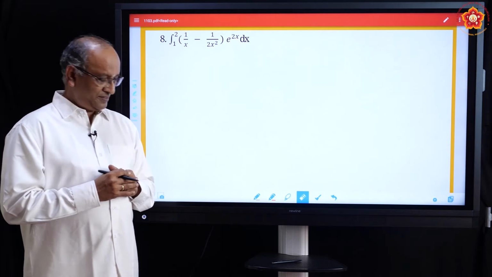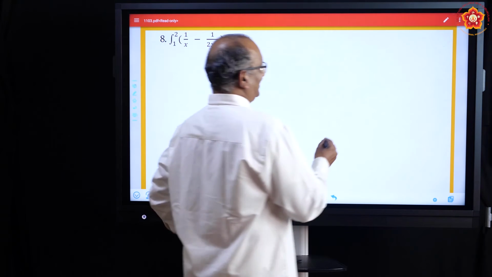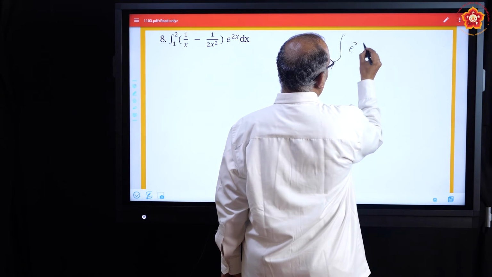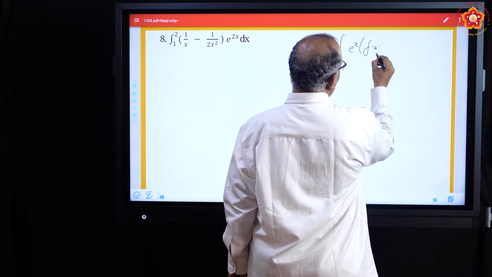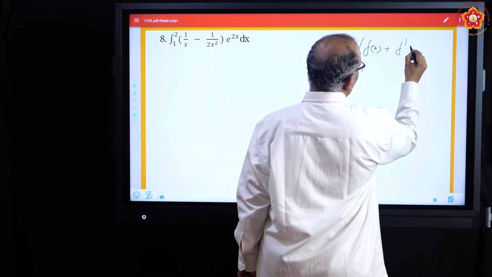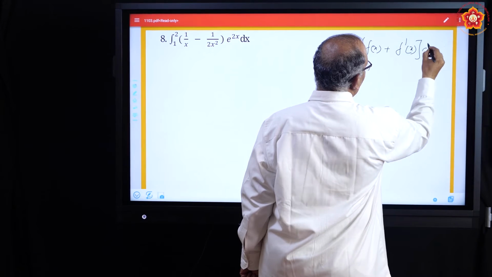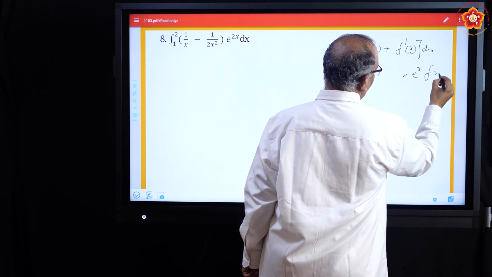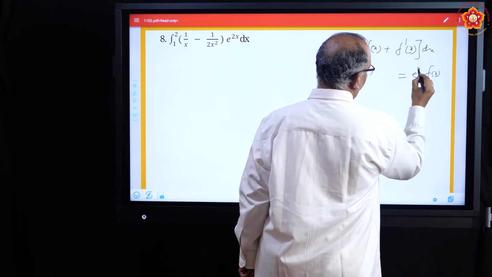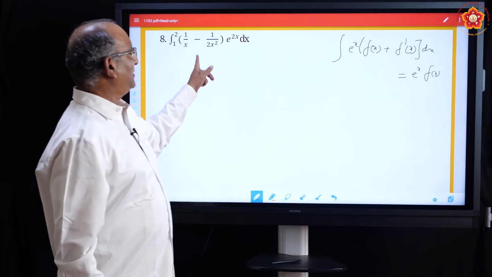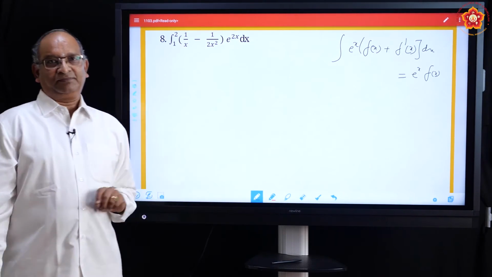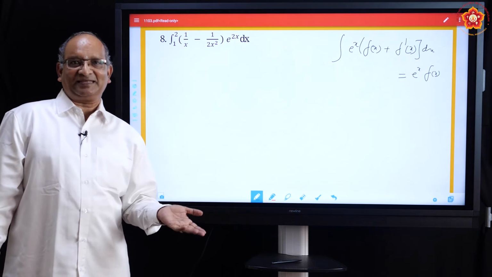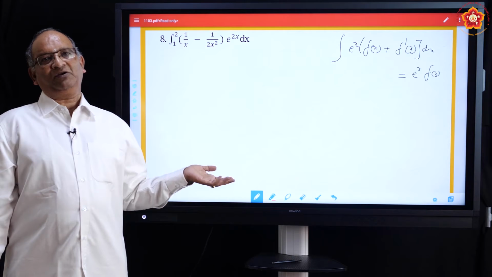We have done a problem, we studied a formula which says integral of e to the power x into f of x plus f dash of x dx is equal to e to the power x f of x. This problem is based upon that. Now how it is based upon that, which is f of x, which is f dash x, we need to find out while doing it.